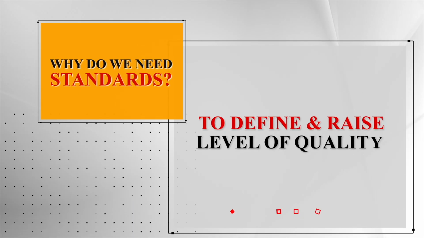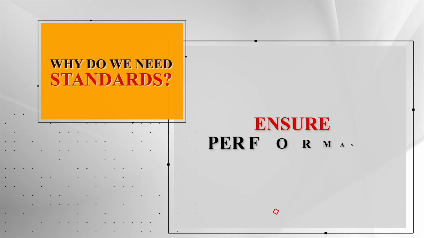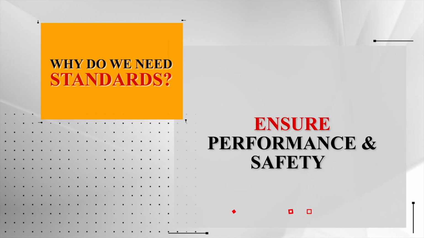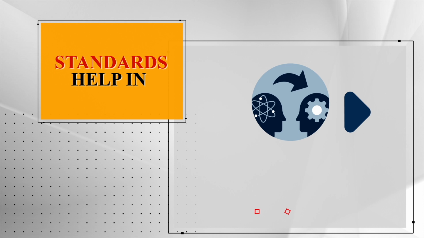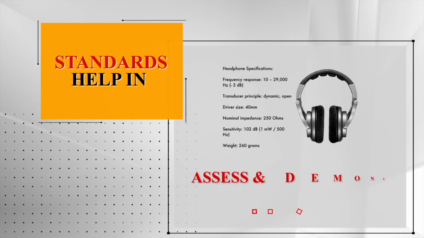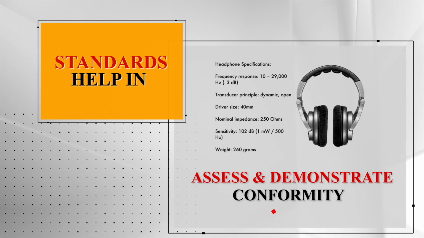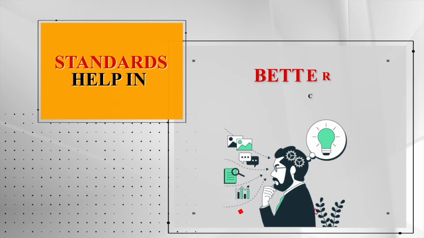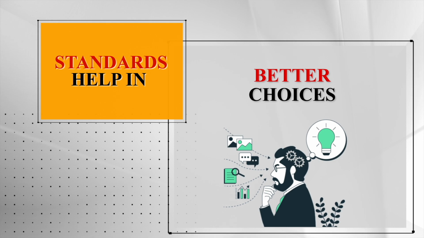But why do we need standards? To explain this, we need standards to define and raise level of quality and ensure performance and safety. Standards also help in facilitating transfer of technology, assess and demonstrate conformity, and to help consumers to make better choices.